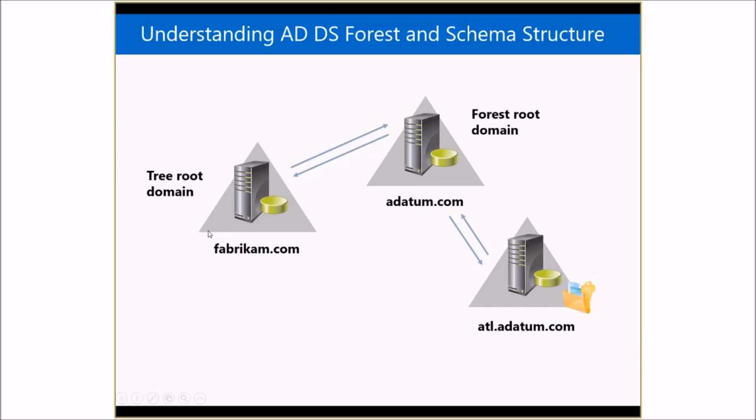global groups for us in 5ICW? If I belong to some sort of global group, let's say lecturers, those global groups from this fabricam.com can actually be used in this adatum.com to be placed in a domain local group and given access to this resource.